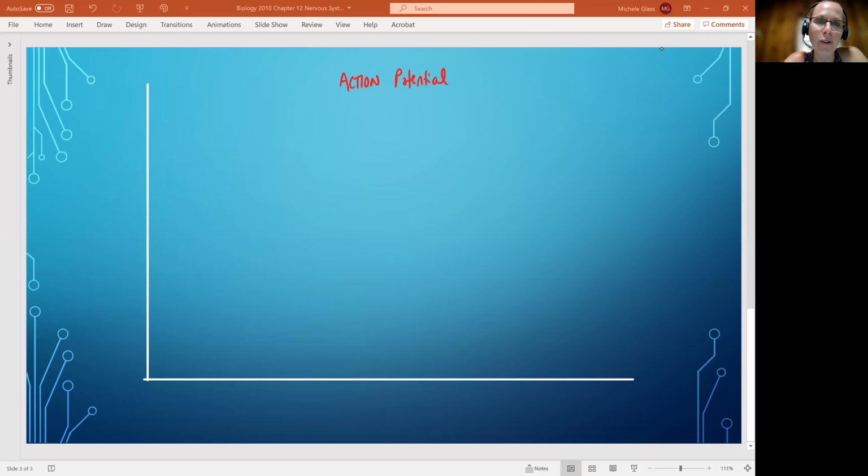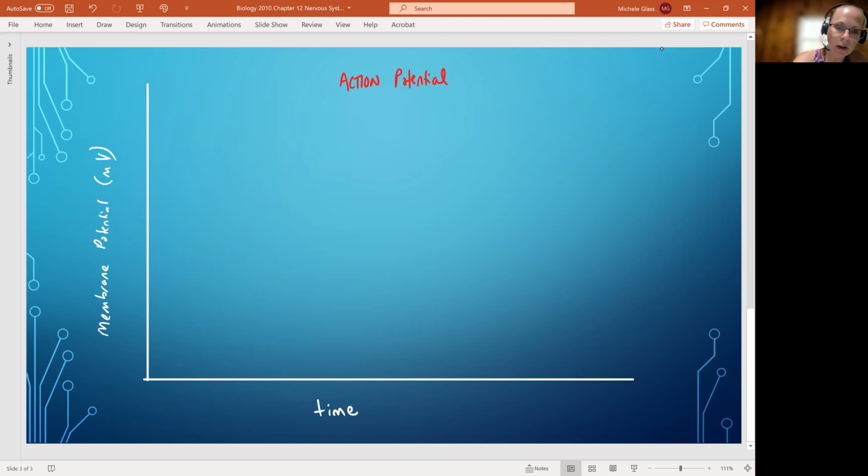So you want to have on your paper your X and your Y axis. Your X-axis, we're going to label as time. And the Y-axis, we're going to label as our membrane potential. And we're showing it in millivolts.